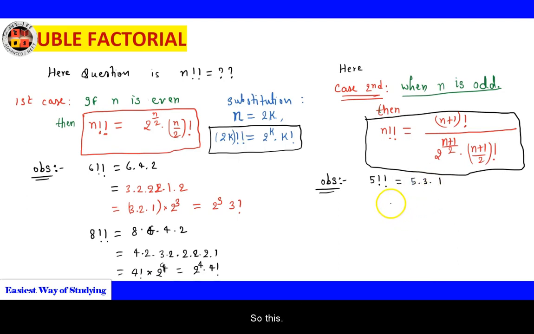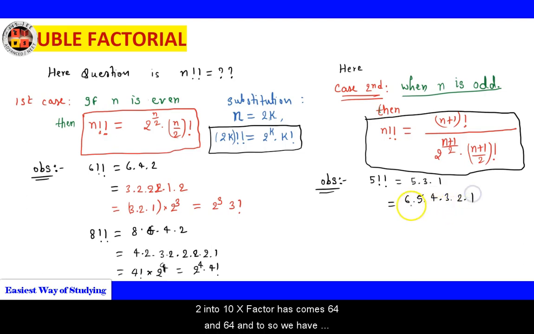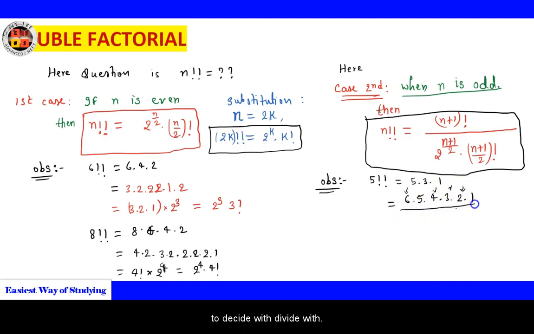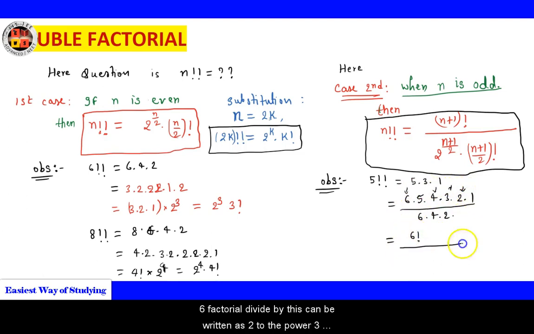So this can be written as 6 into 5, 4 into 3, 2 into 1. So extra factors 6, 4 and 2 have come, so we have to divide by 6, 4 and 2. So the result will be 6 factorial in the numerator, divided by 2 to the power 3 into 3 factorial.